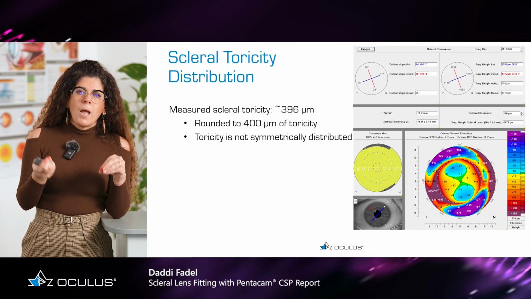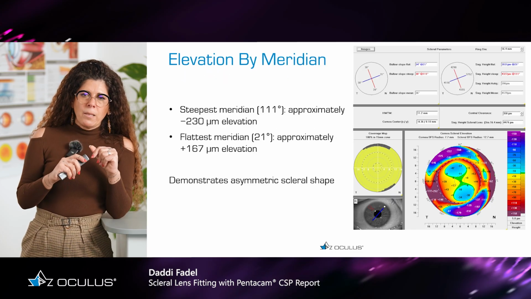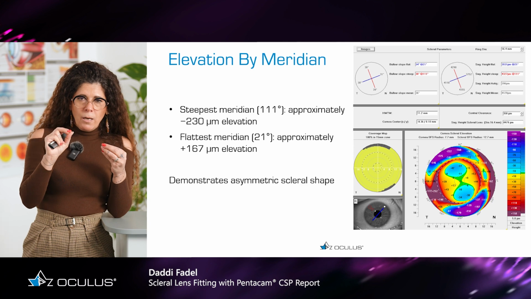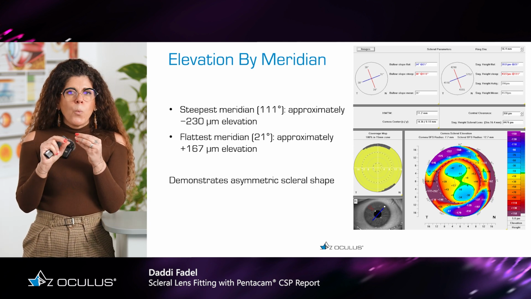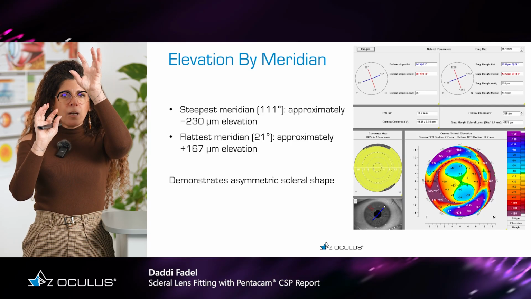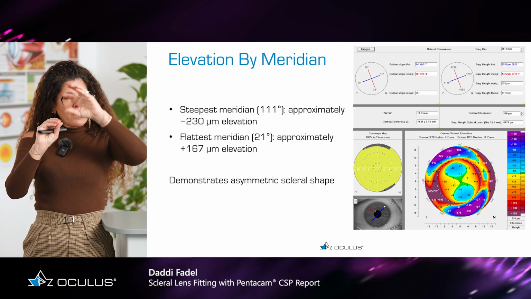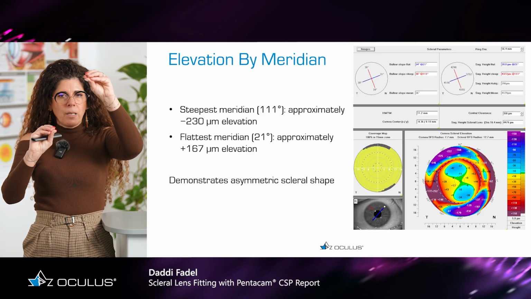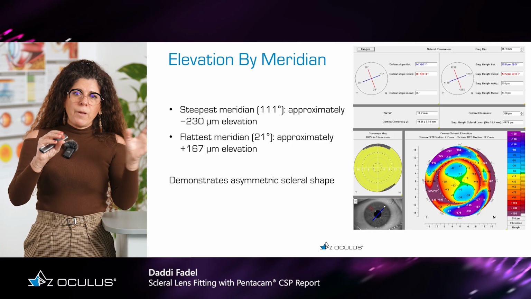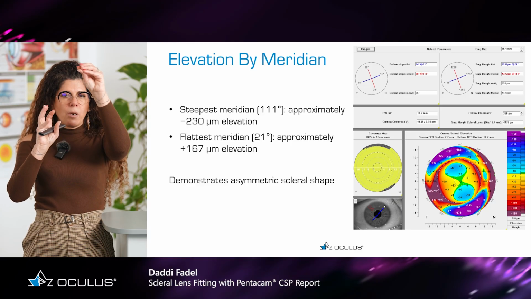So you can see there are a lot of combinations to get to a difference of 400 microns. The important thing is to look at the map in the lower part of this display and look at the numbers in this map. What you need to do is to average the numbers, the superior and inferior together, if there is not too much difference in these numbers; otherwise you would have a quadrant-specific lens. In this case we have very close numbers between superior and inferior.